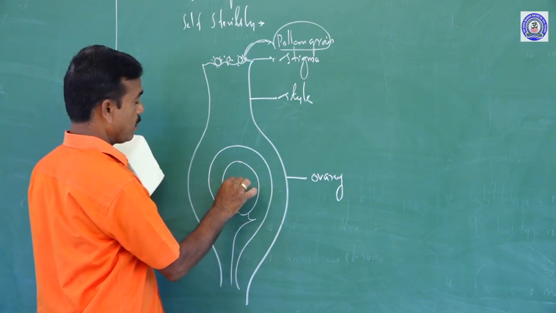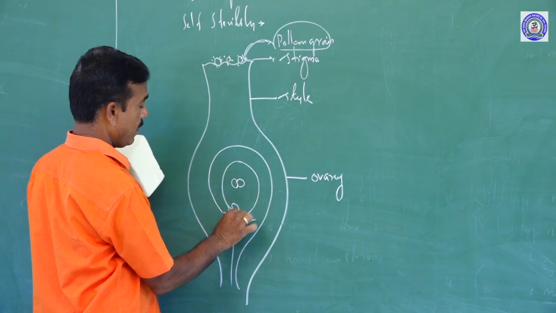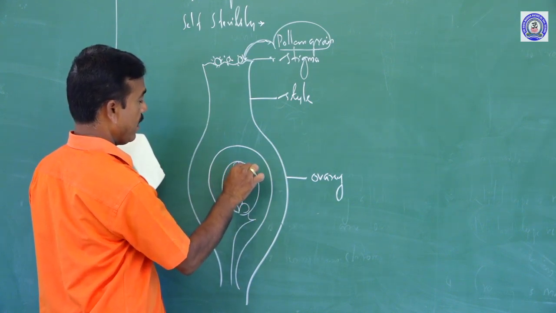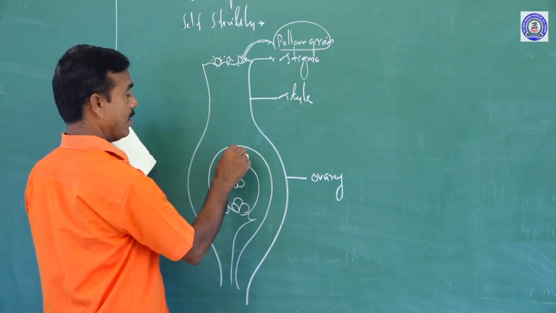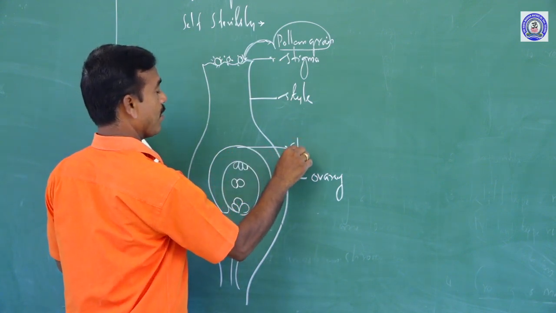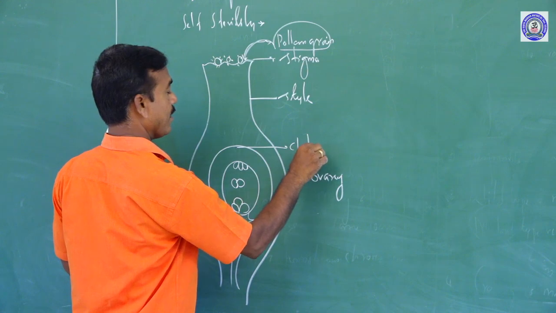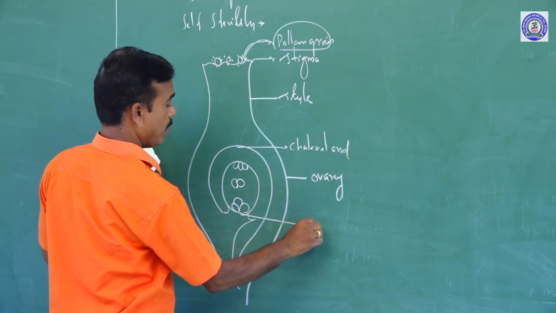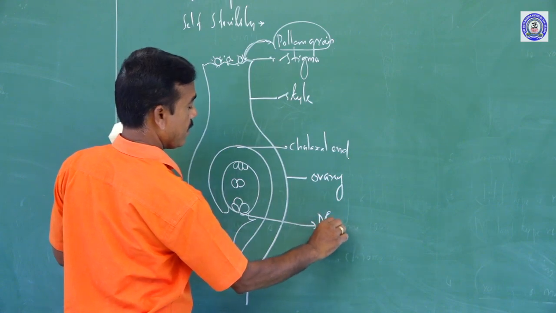There are polar nuclei, synergids, egg, then antipodal cells. That is the chalazal end, and that is the micropylar end.